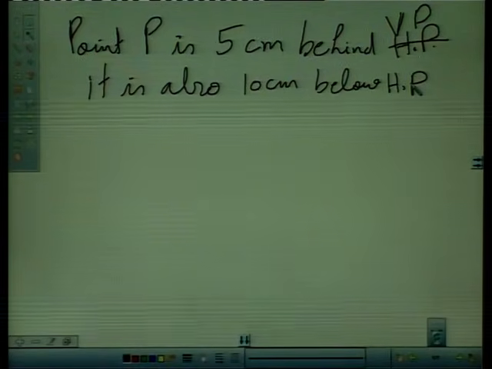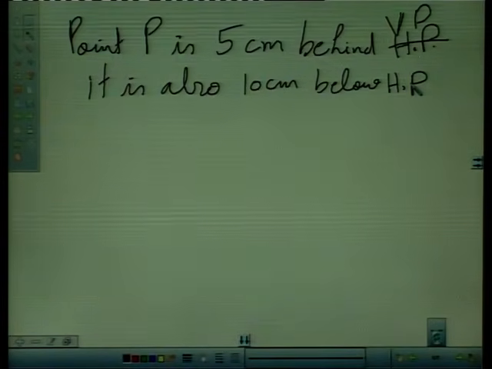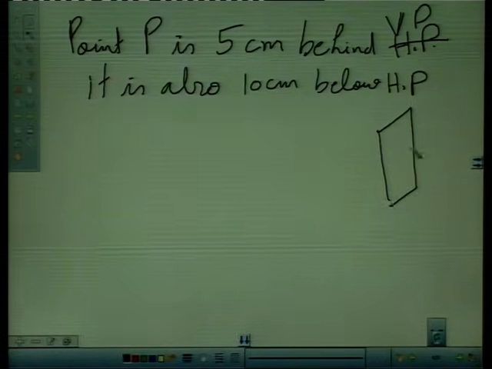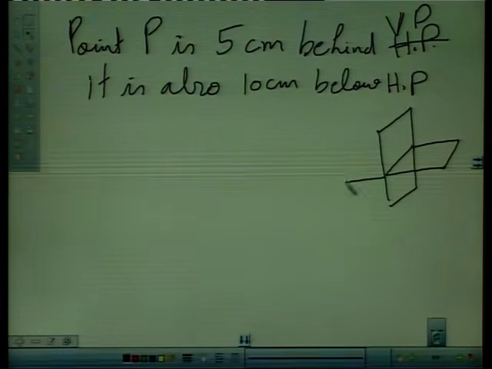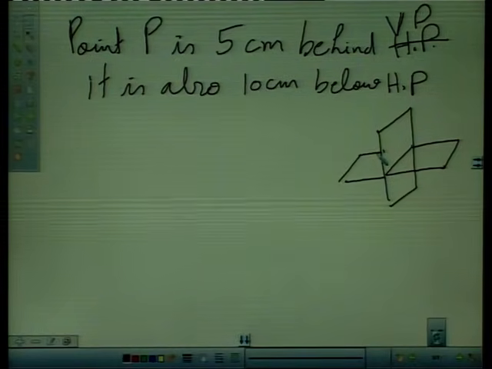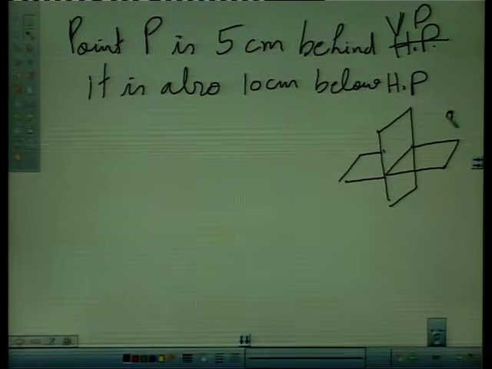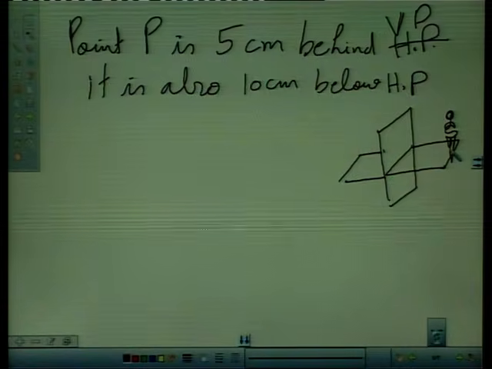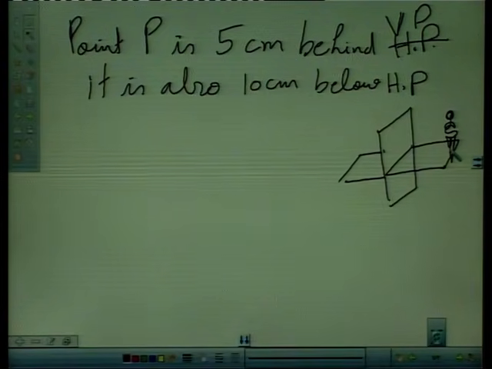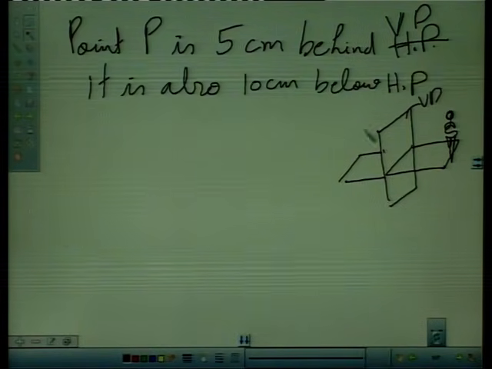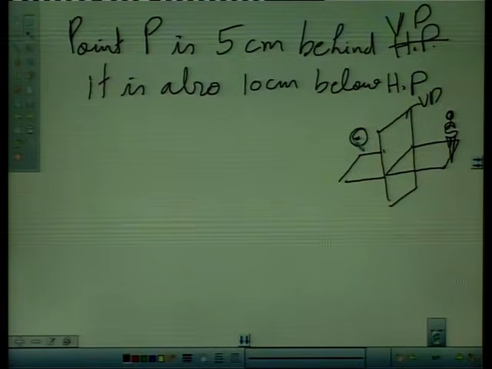Draw its projections. So first of all, draw rough all quadrants 1, 2, 3, 4. This is first quadrant and you are standing here. Start reading the statement. Point P is 5 centimeter behind vertical plane. So as this is vertical plane, when we are saying behind, point is somewhere here, 5 centimeter behind this vertical plane.